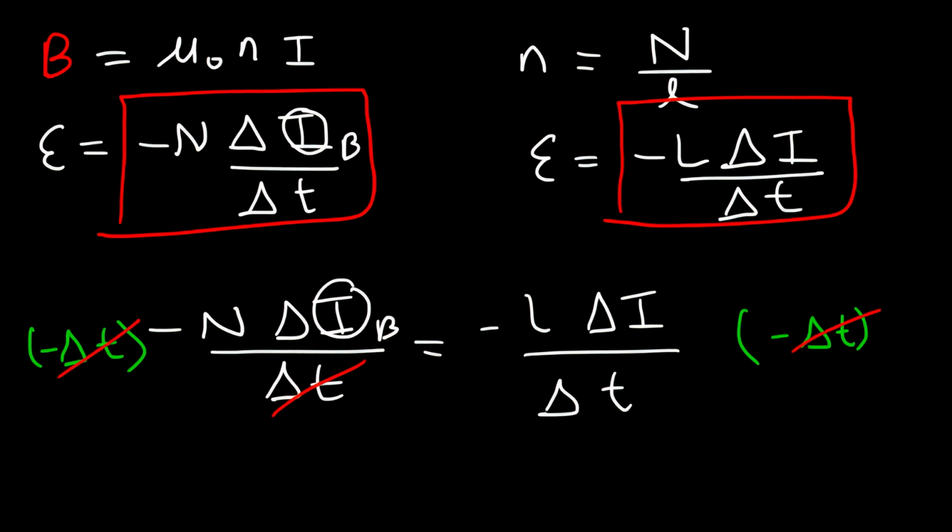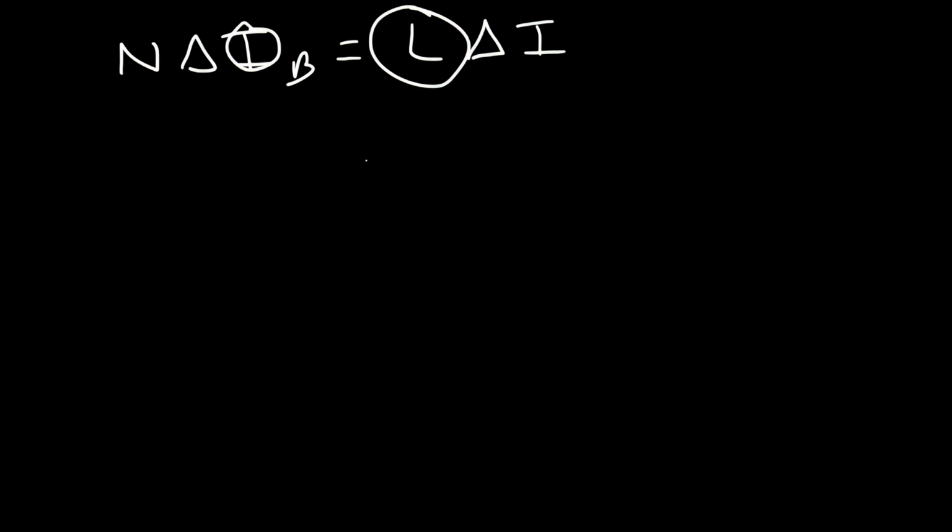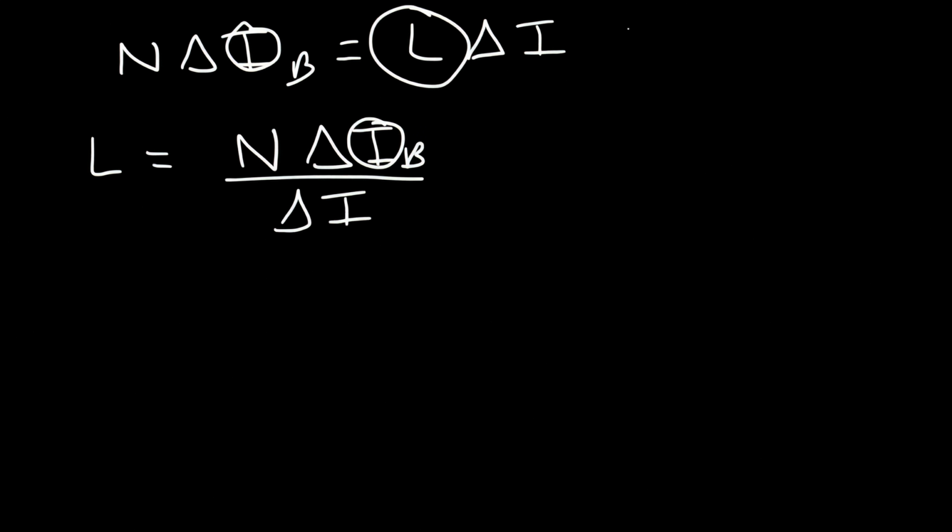So t will cancel, and also the negative signs will cancel. So now what we have left over is N times the change in magnetic flux, and that is equal to L times the change in the current. So our goal is to solve for the inductance of the inductor, or the solenoid. So L is basically equal to the number of loops times the change in flux divided by the change in current. In this equation, we divided both sides by delta I.